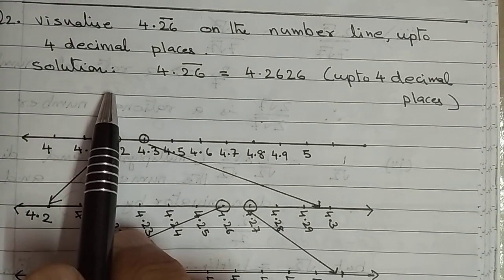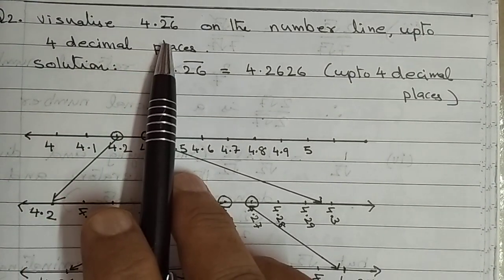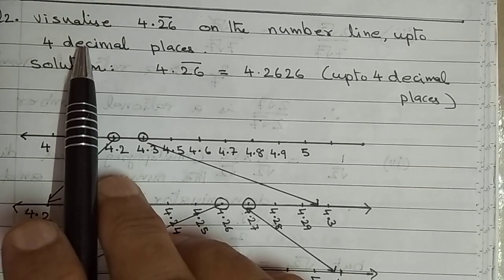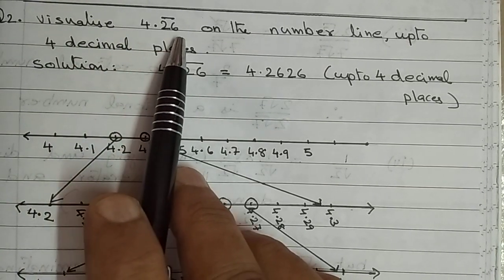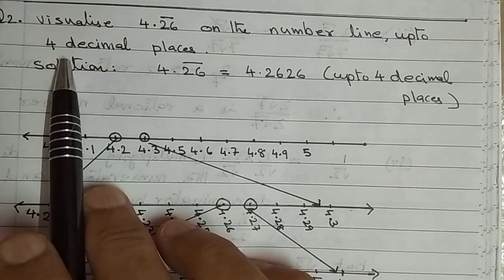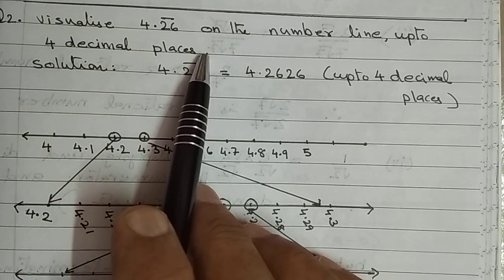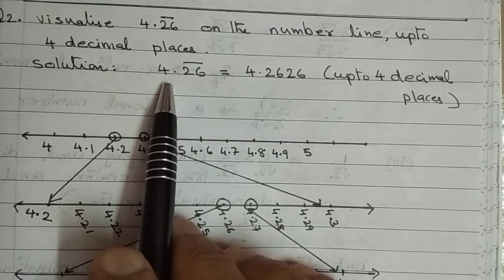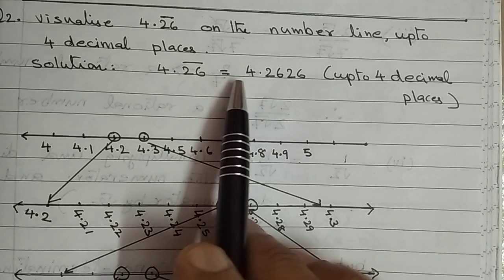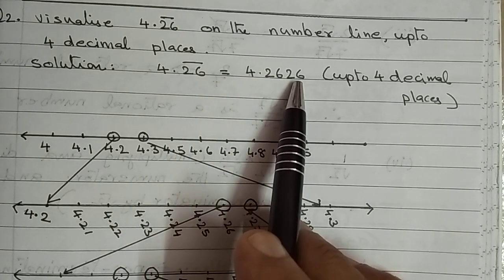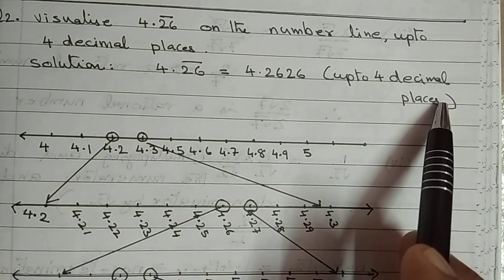Question number 2 is also similar to question number 1. Visualize 4.26 bar on the number line up to 4 decimal places. 4.26 bar is same as 4.2626 up to 4 decimal places.